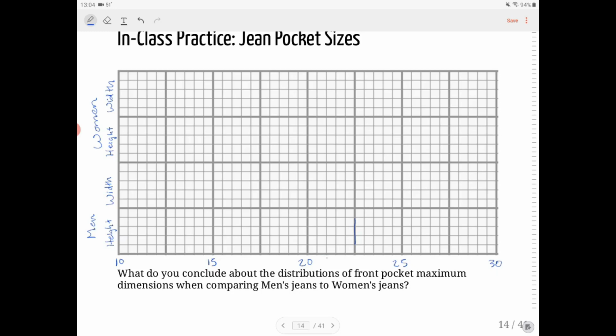Okay, so if each one of these is a half, that's right here. We have our upper quartile at 24.5. So that's up here. So we've got our box. Okay, make that nice and visible.